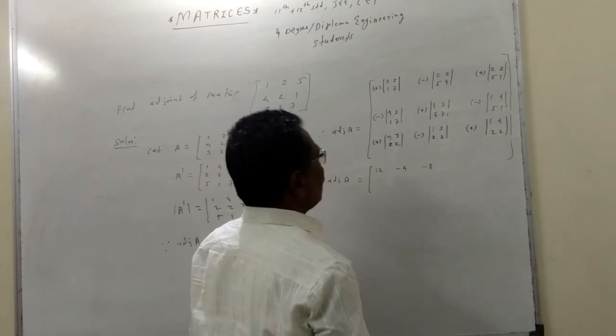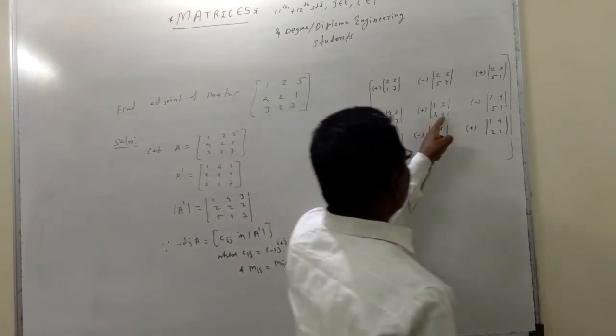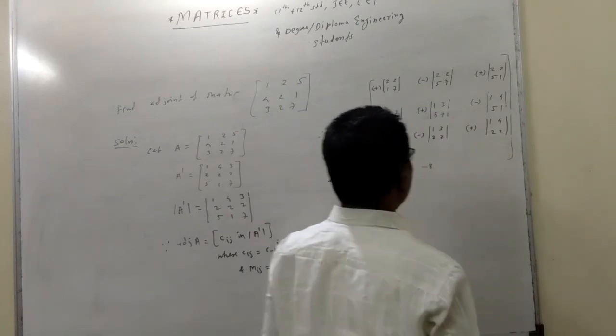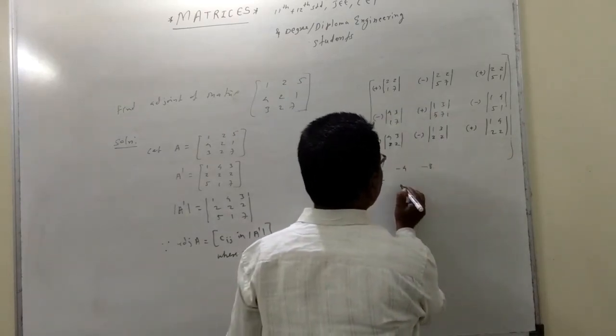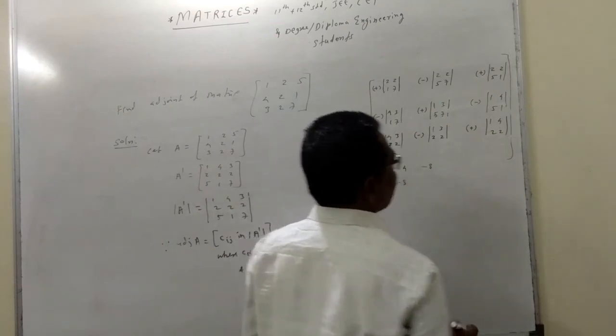Then 28 minus 3, 25, minus 25. 7 minus 15, so minus 8. Outside the bracket is a positive sign, so minus 8.